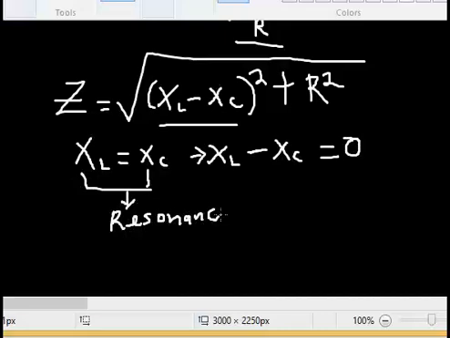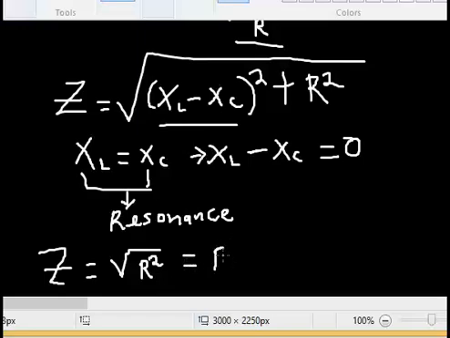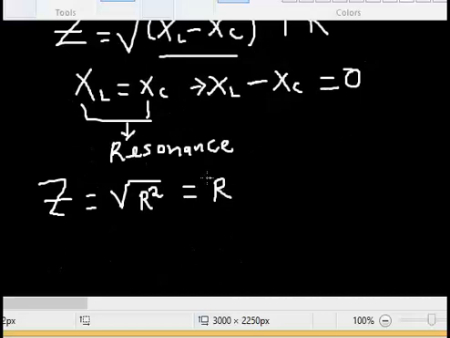Because of that, the impedance has reduced to just the square root of R squared, because this is already zero. So the impedance becomes just the resistor. The opposition to the flow of alternating current has reduced drastically. There's no reactance again in that circuit.